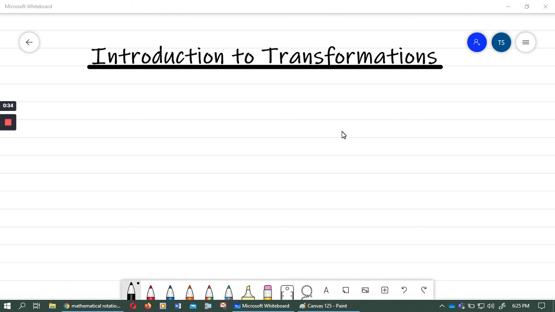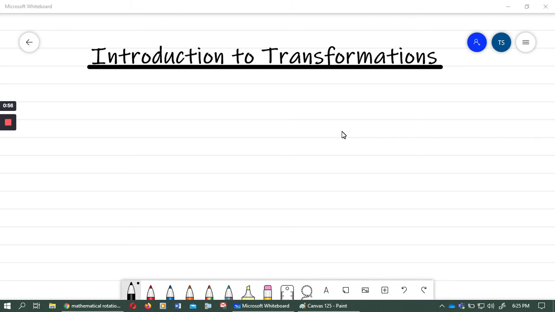So first off, let's begin by stating that a transformation is a transformation of a geometric figure, or a transformation of, because it doesn't have to be of a geometric figure. It could be a transformation of a mathematic relation, or the graph of a mathematic relation or mathematic function.